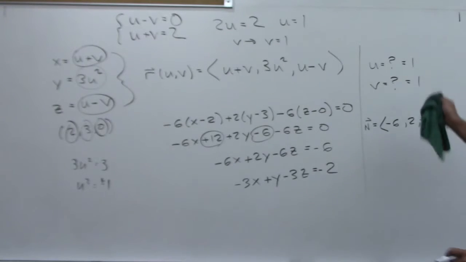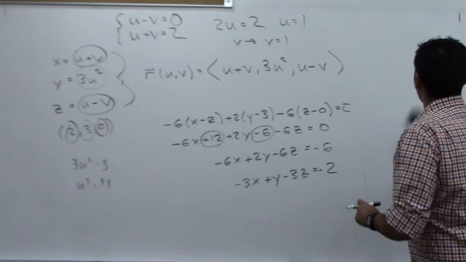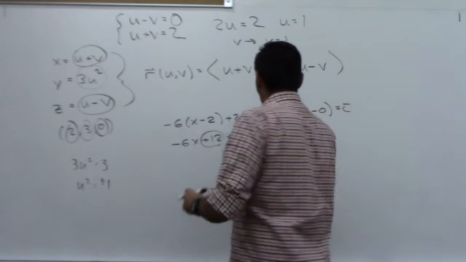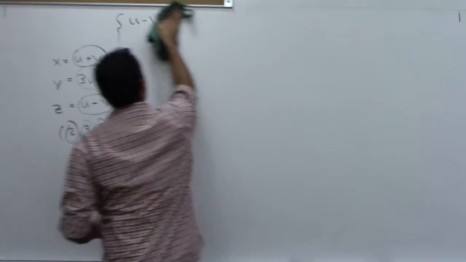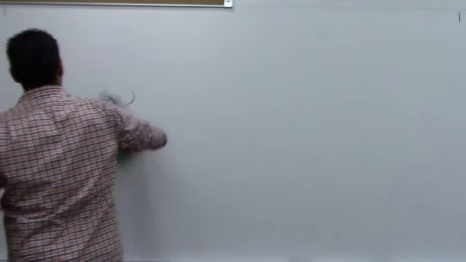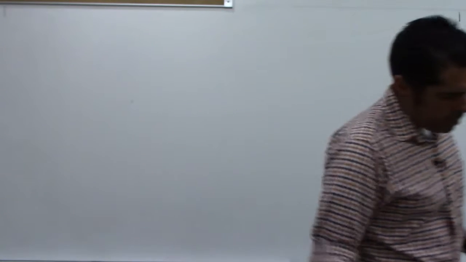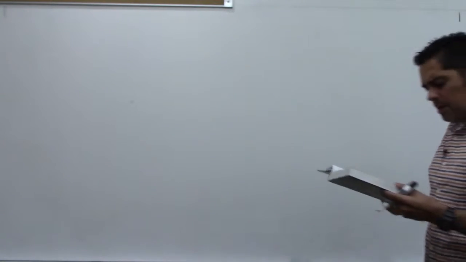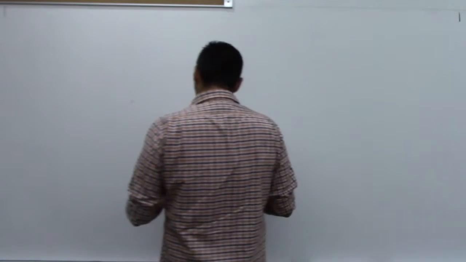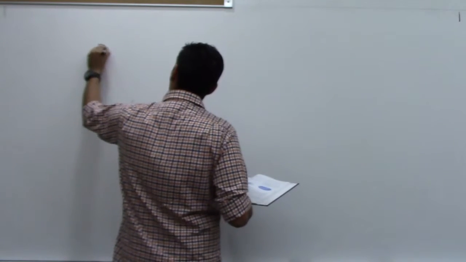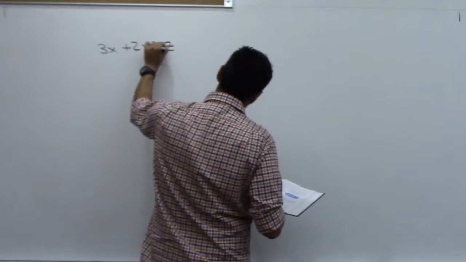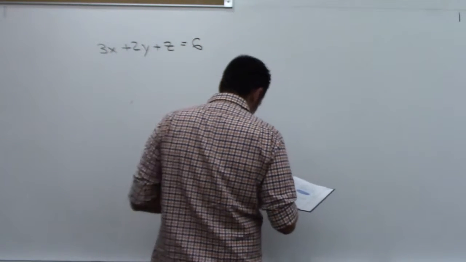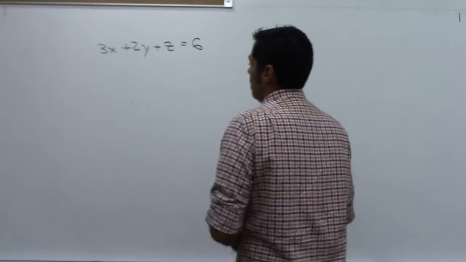All right, let's look at number 33. Find the area of a surface. So the area of the plane that lies in the first octant.